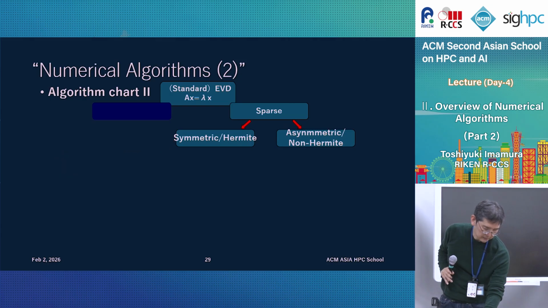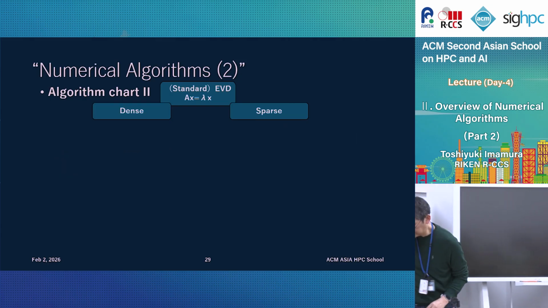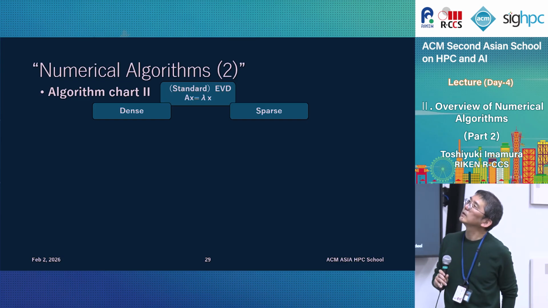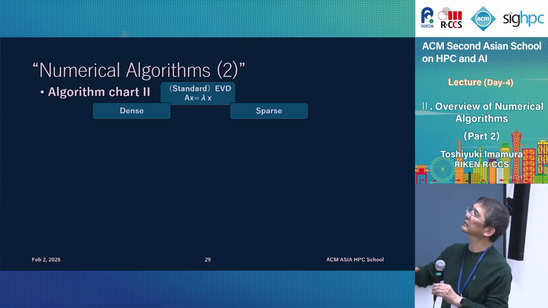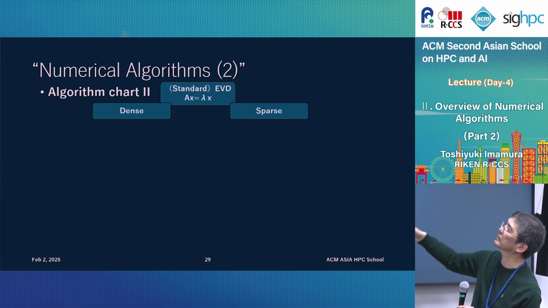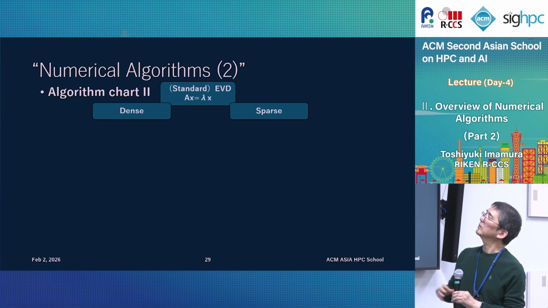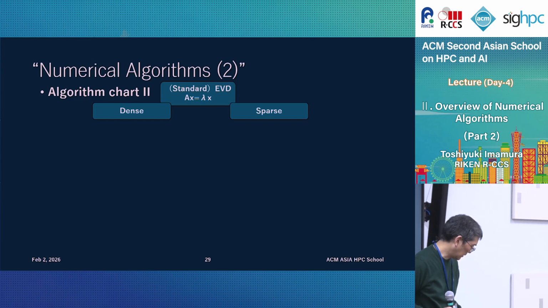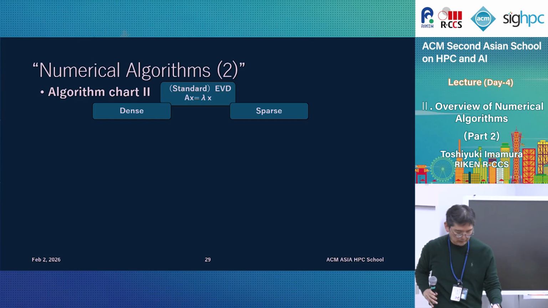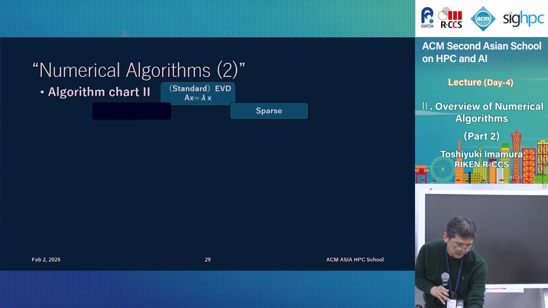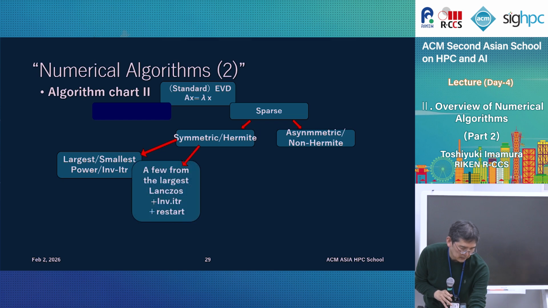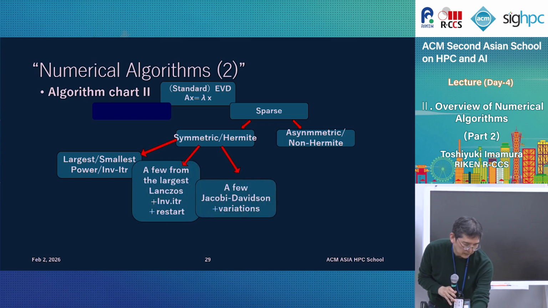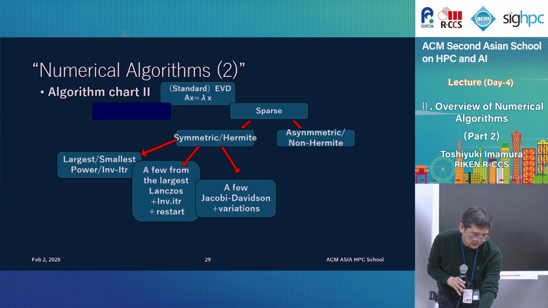Okay. So, just a numerical chart. I explained the whole story of the dense matrix case, but suppose it is a very big story and a big tree, symmetric and non-symmetric, and the largest and the few eigenvalue and eigenvector pairs.